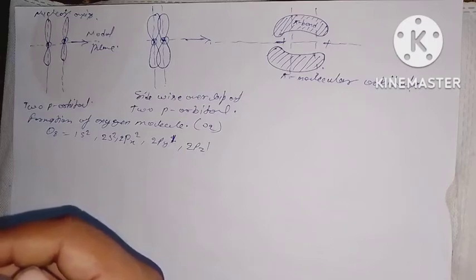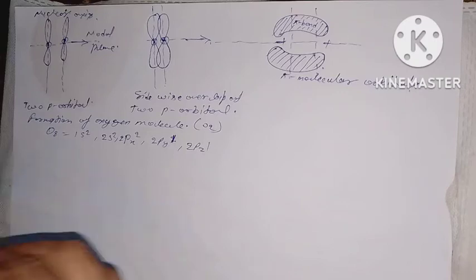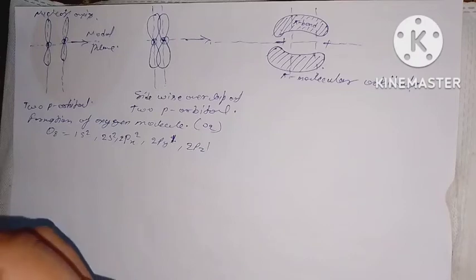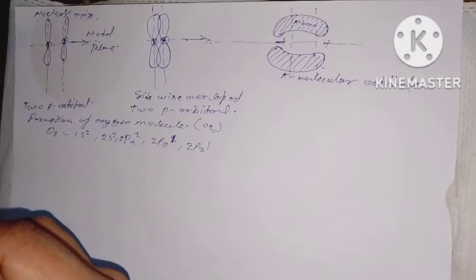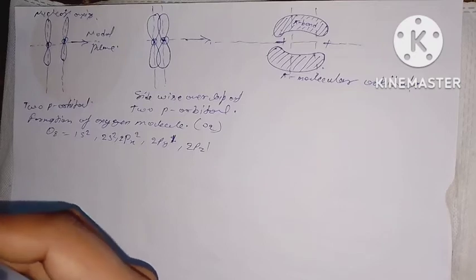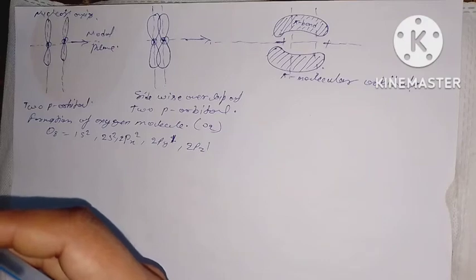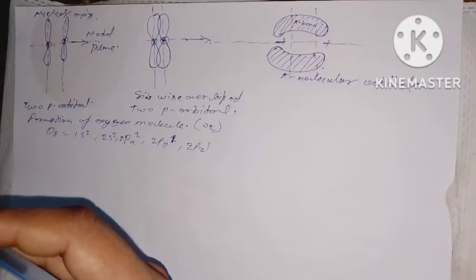The 2pz and 2pz overlap along their internuclear axis to form a sigma bond, while 2py overlap sidewise to form a pi bond. Hence, the two atoms in the oxygen molecule are bonded by a strong sigma bond and a weak pi bond, which is shown in the form of an electron cloud above and below the plane of the oxygen atom.